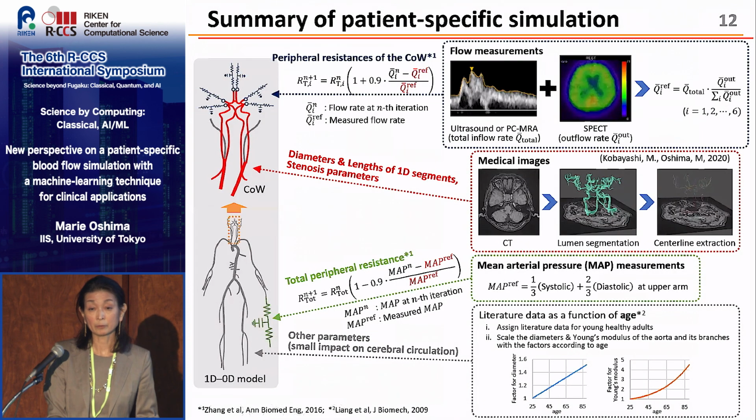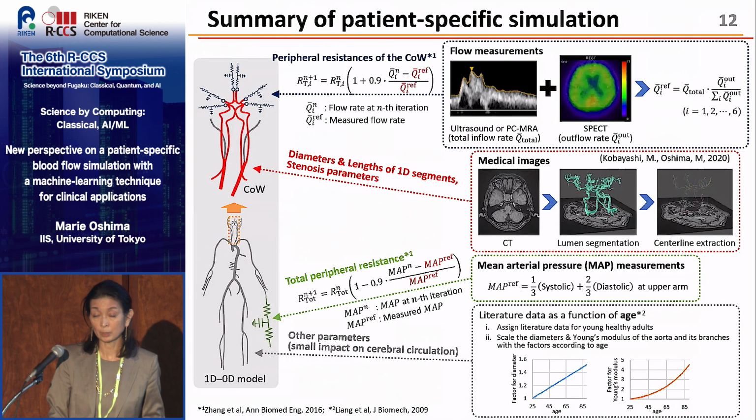And this is a summary of how we conduct patient-specific simulation. We use the geometry information from MRI or CT, and then we extract the diameter and the length of each patient's vasculature.